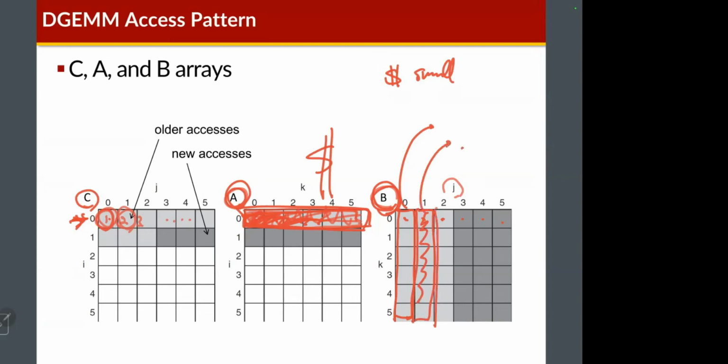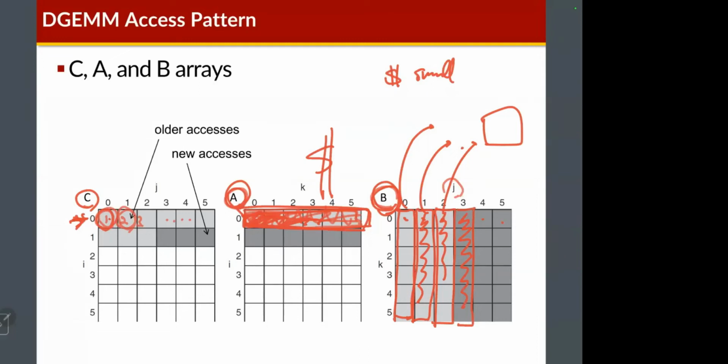And if the cache size is small, when another column is referenced, the cache does not have enough space, so the previously referenced column data can be evicted from the cache. Okay, so what's the problem?